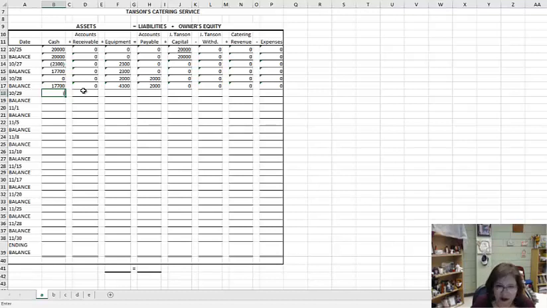It's going to be $900, out of cash. Now, the equipment stays the same. He's not getting rid of equipment, but he's paying on this accounts payable.